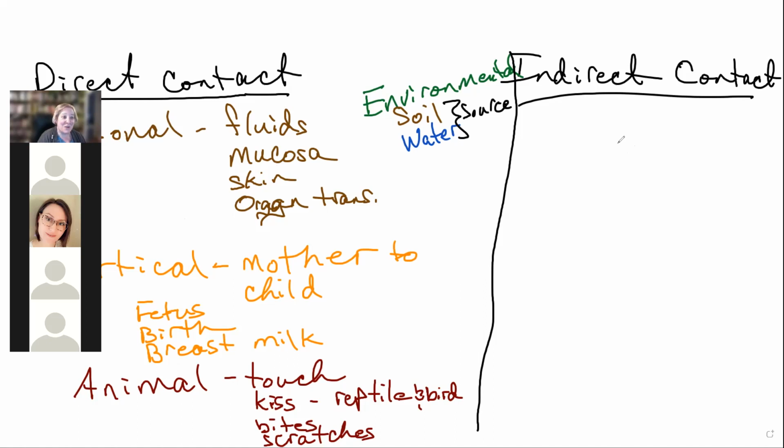Okay, so let's go to indirect. Indirect means there is something in between. And I'll be honest, with some of these, that's the only way I can keep them separate. So the first indirect contact is airborne.